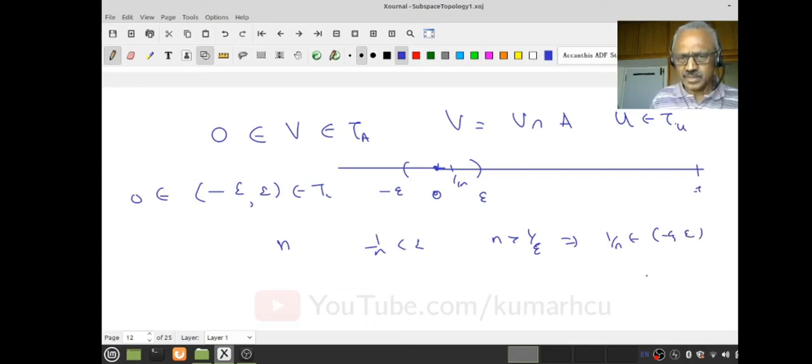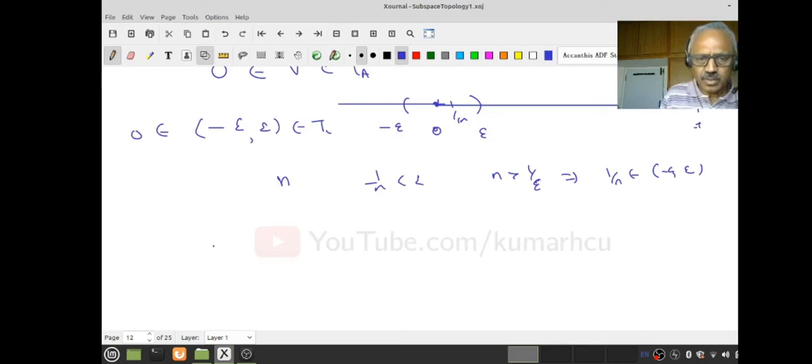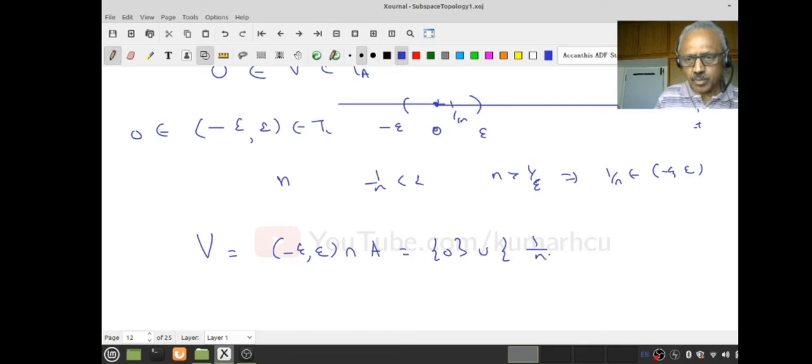Are you following what I'm saying? Therefore my V, which is minus epsilon to epsilon intersection A, has the singleton 0, union all 1 by n such that n is greater than 1 by epsilon.